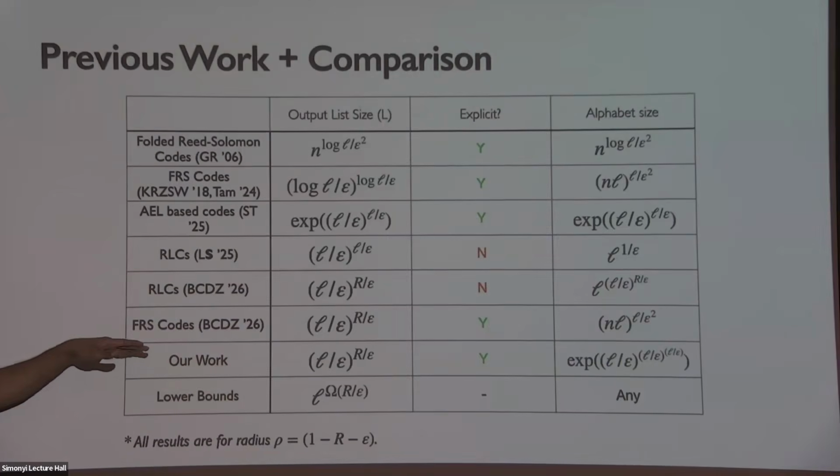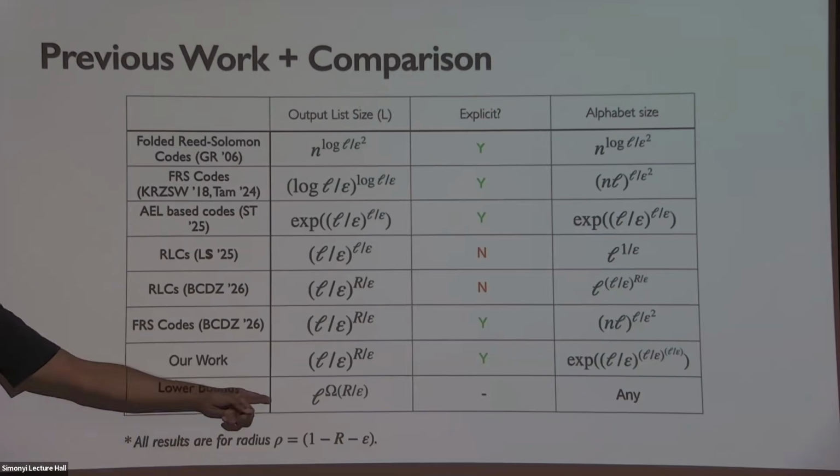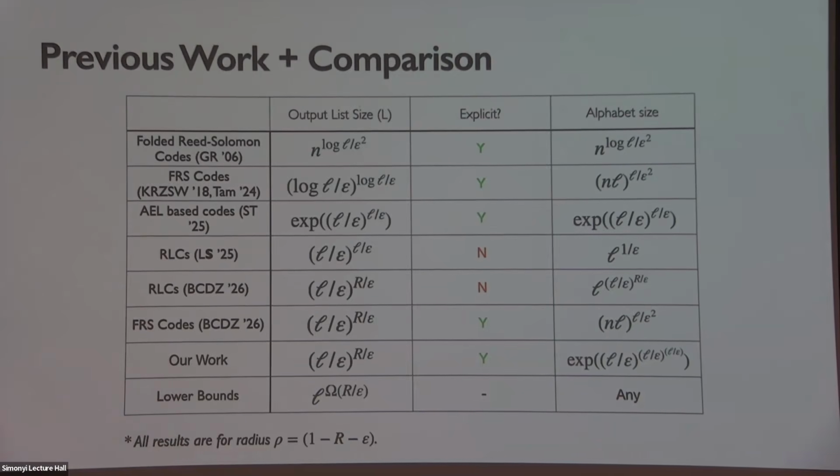So this is our result, where we show explicit list recoverable codes with constant alphabet size and output list size that matches what was shown for RLCs. This comes very close to the lower bound. The lower bound is only missing a 1 over epsilon in the base.